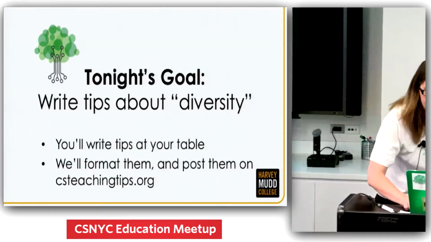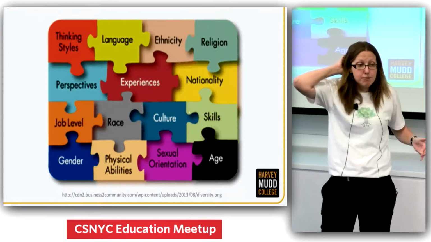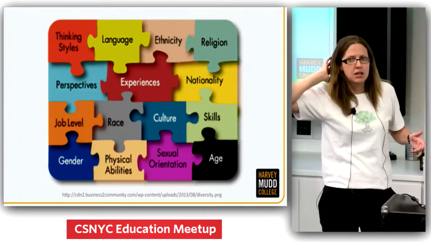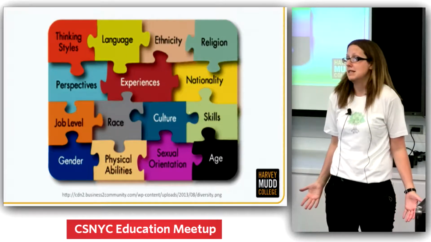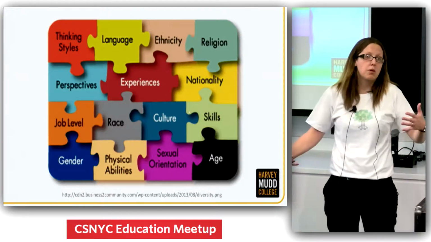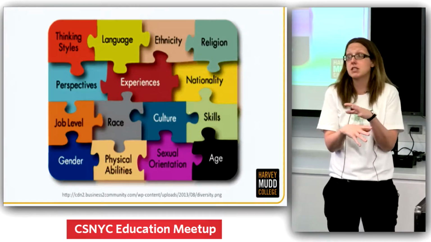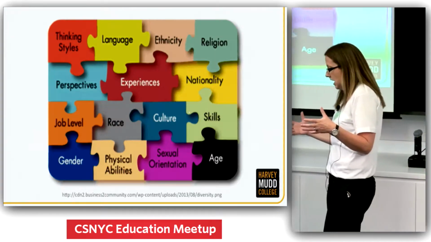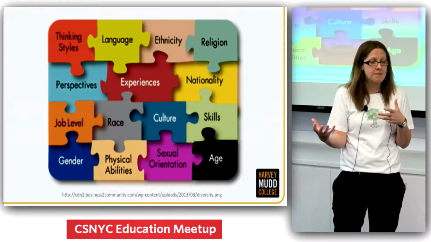Okay. But I want to talk for a second about what we mean by diversity. In particular, thinking about how in one person, we have a lot of identities, okay? I don't think of my own identity or my students' identities as singular. I think of it as a plurality of identities, and there are identities that come out in different places.